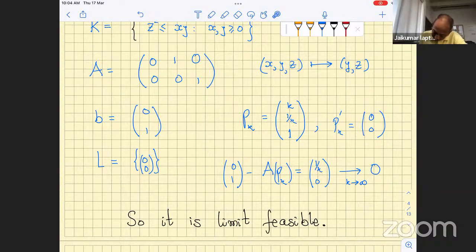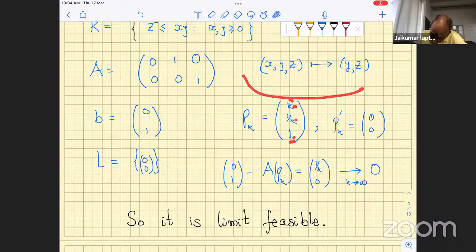So my cone, the right-hand cone L, consists of only one point. What I used to call xk, I'm calling pk. These are the points. The tracking point is always 0, 0. The points that I move on, as I move on that curve, are k, 1 over k, 1.